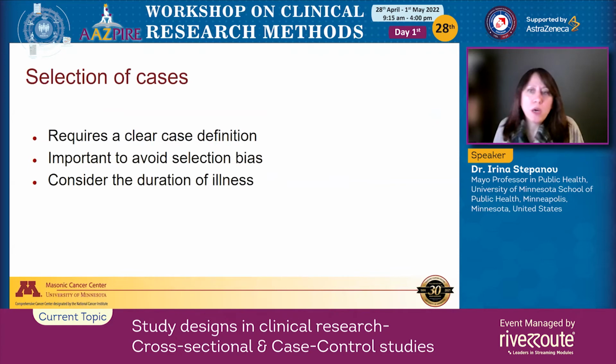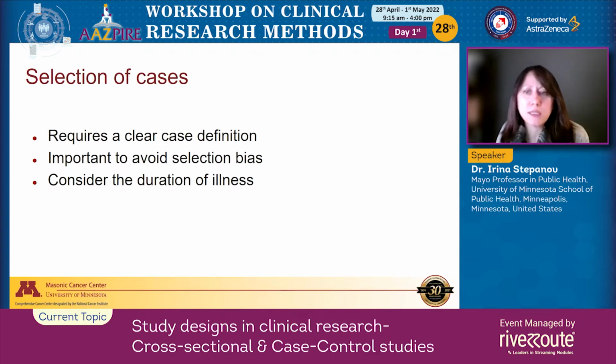Now, how do you select cases? The starting point of most case control studies is identification of cases. First of all, you need a clear definition of the case, clear definition of the disease state.